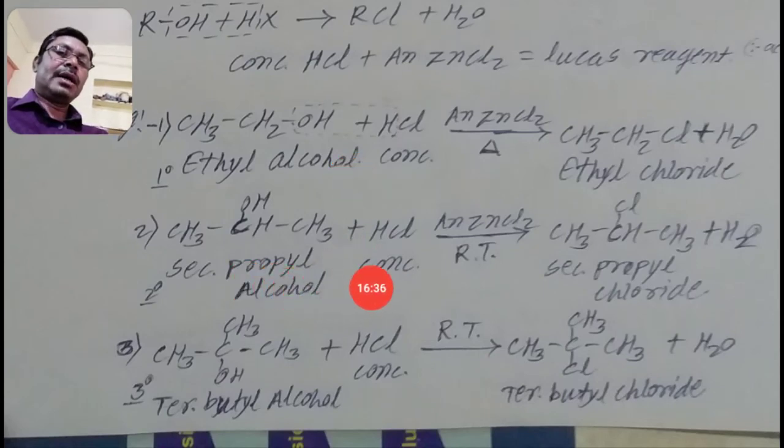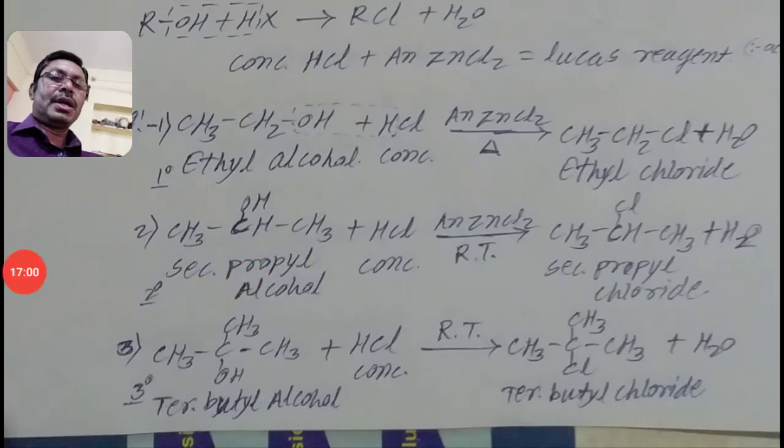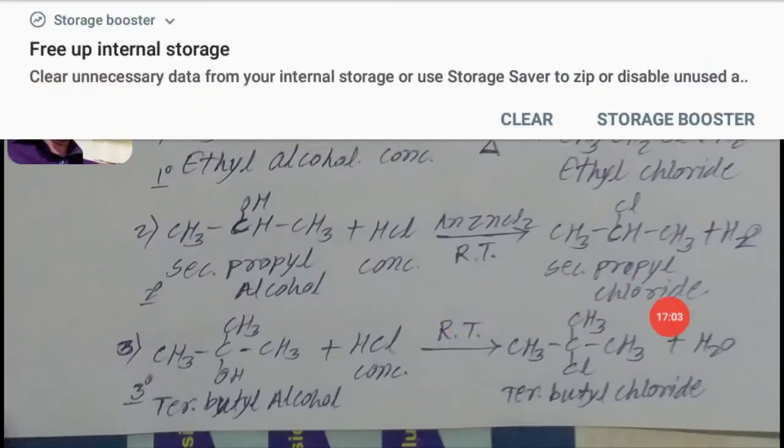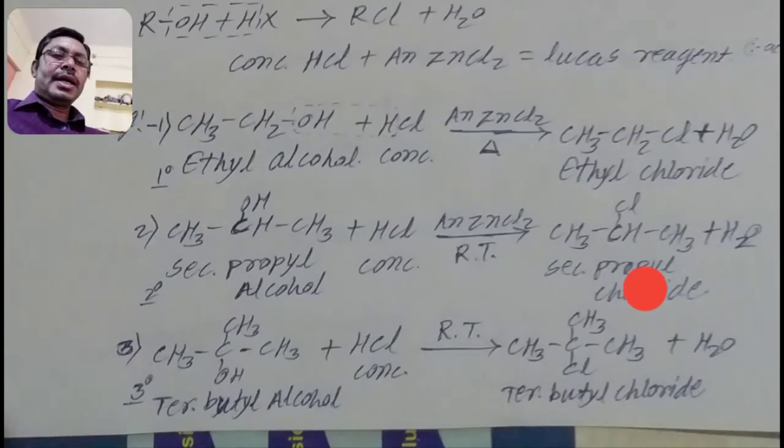Secondary alcohol is more reactive than primary alcohol, so there is no need of heat. The reaction proceeds as a replacement of the OH group by a chlorine group. We get CH3CHClCH3, named secondary propyl chloride, with a byproduct H2O.